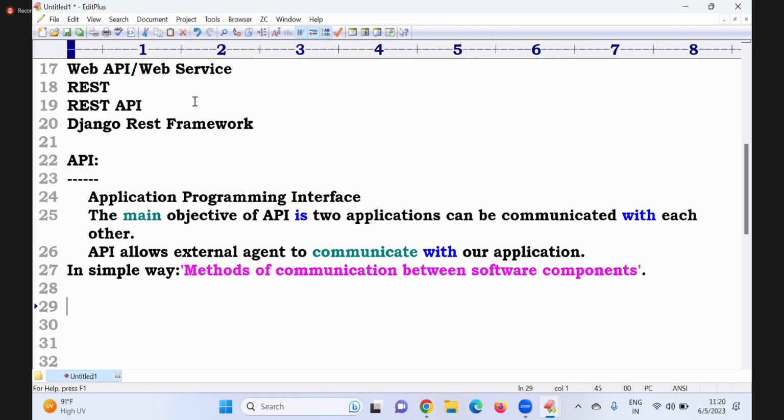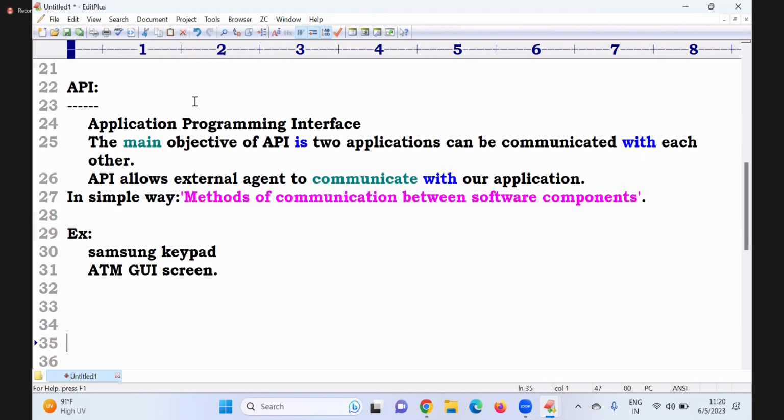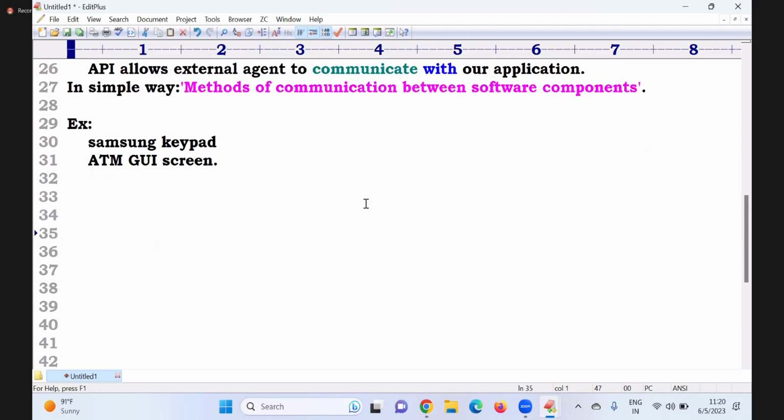That is nothing but API. So the best examples are the Samsung keypad and the ATM GUI screen. Sir, what is the full form of GUI? Graphical user interface. So that is one interface between me and that ATM. That is called API, application programming interface.